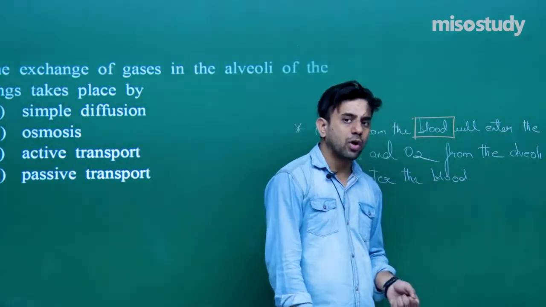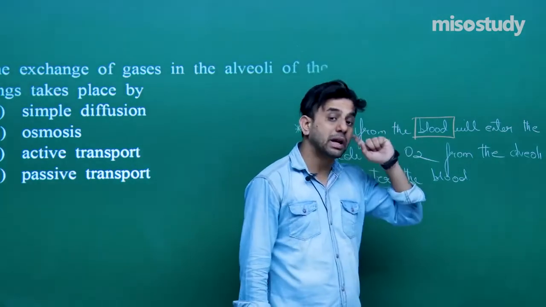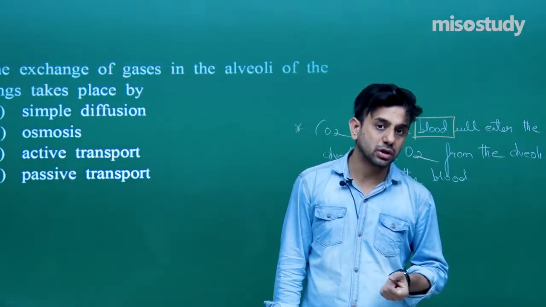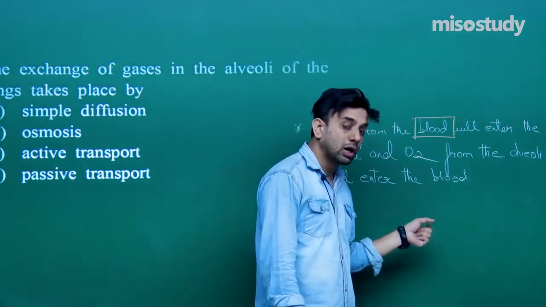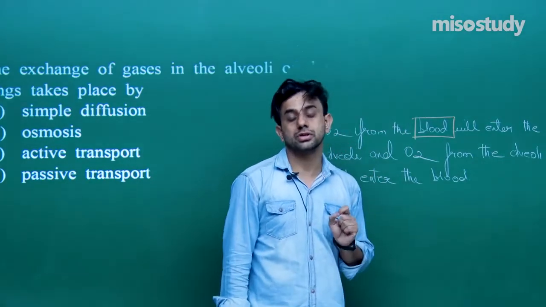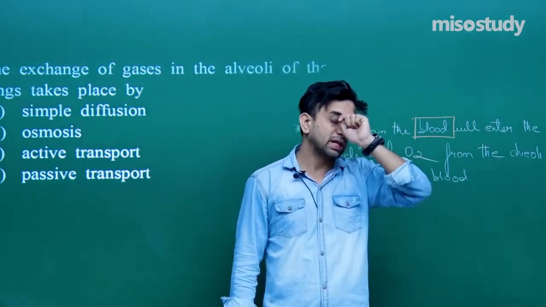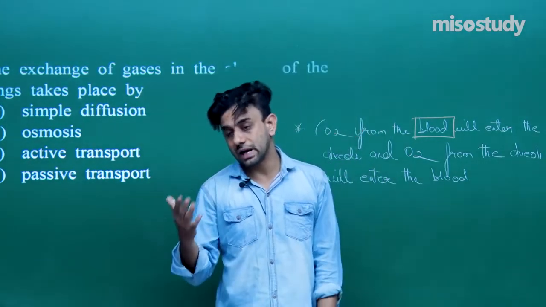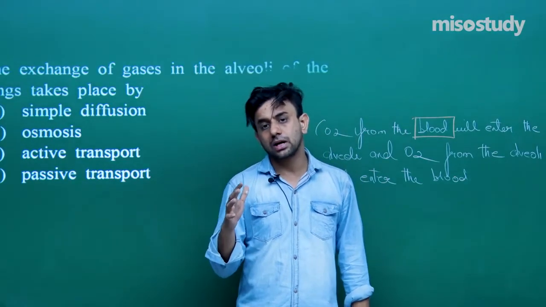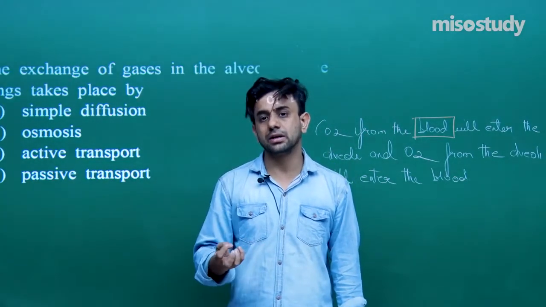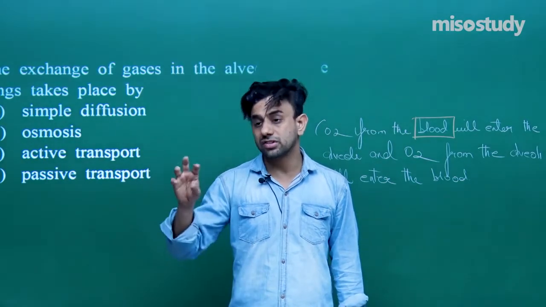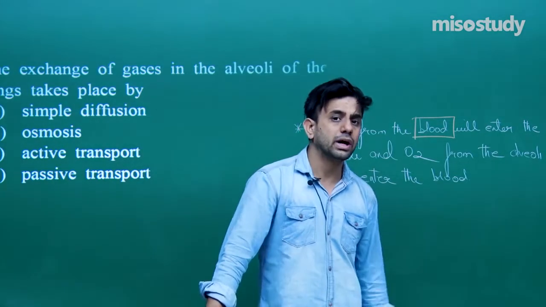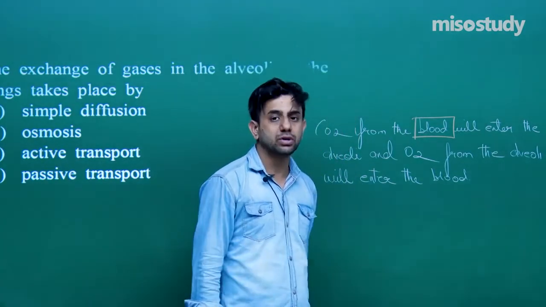Now we already know that the carbon dioxide will be in a higher concentration in blood than in the inspired air, because inspired air has more oxygen, and similarly the oxygen concentration will be more in the inspired air than in the blood, because carbon dioxide is given out by the tissues, dissolves in the plasma, and gets transported in the blood.